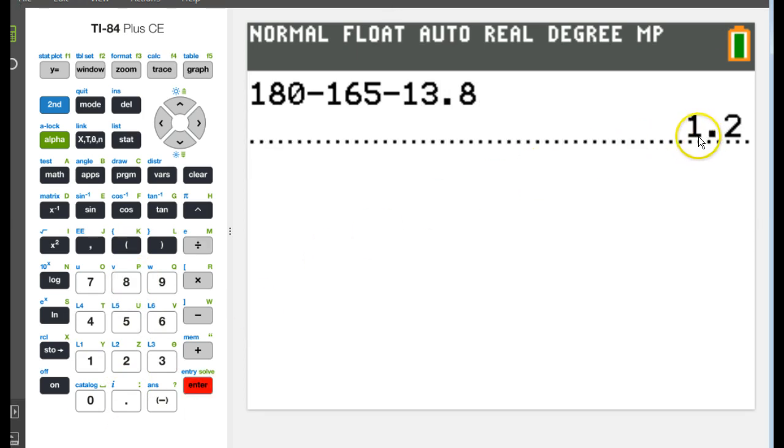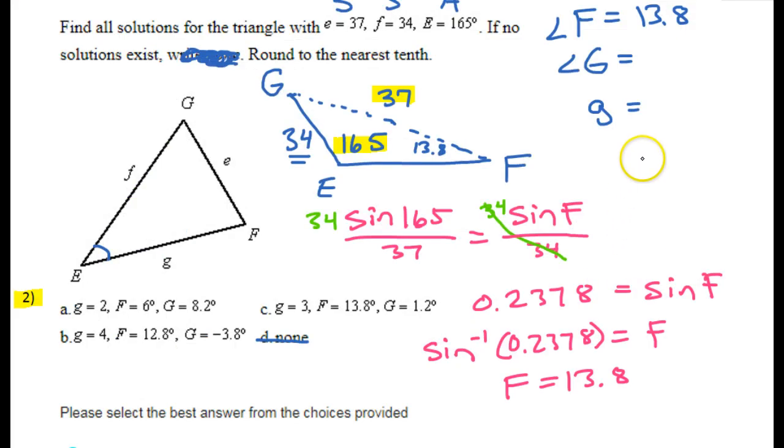We're getting a teeny tiny angle of 1.2 degrees. So angle G is 1.2 degrees.